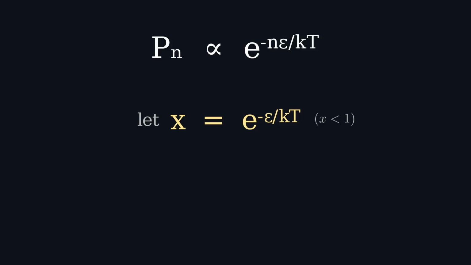An interesting thing about this constant x is, no matter what we set the temperature or epsilon to, it will always be below 1, since it's an exponential with a negative exponent. When we substitute this constant x into our discrete energy probability equation, we see it can be rewritten as proportional to x to the power of n, which makes this equation a lot easier to deal with.